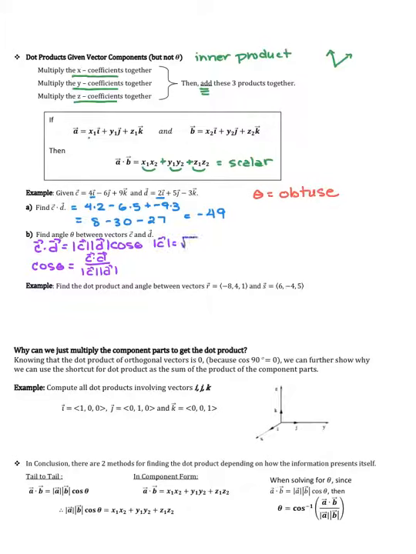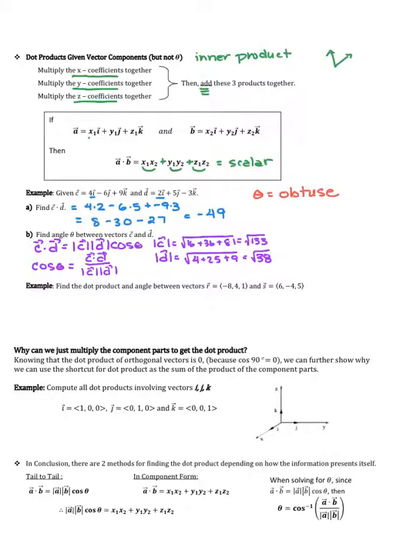So the magnitude of C is going to be the square root of 16 plus 36 plus 81, and that's going to give me the square root of 133. And then D, its magnitude, doing your Pythagorean theorem, is going to be the square root of 4 plus 25 plus 9. And so we get 29 plus 9, square root of 38.